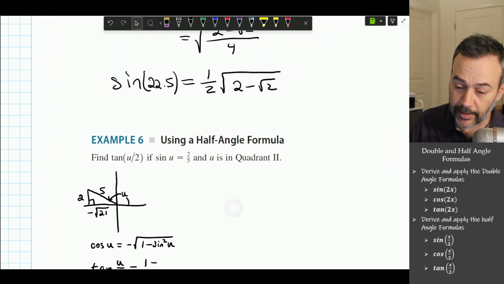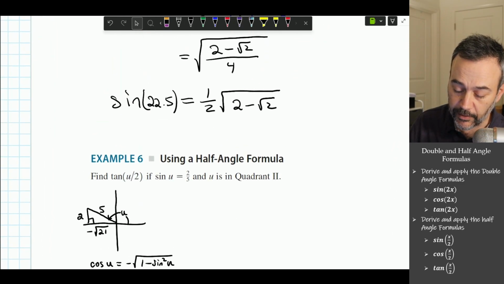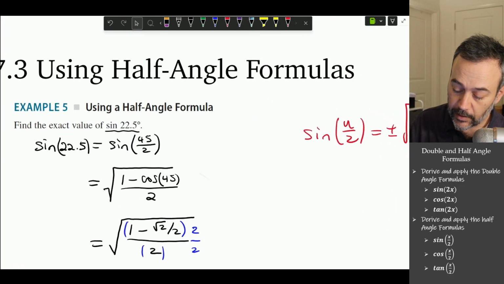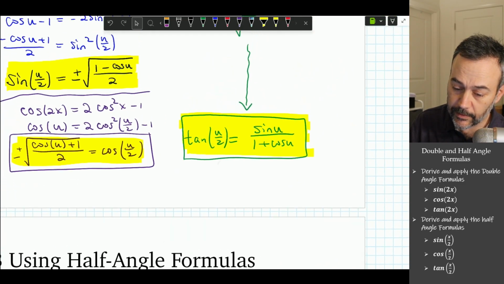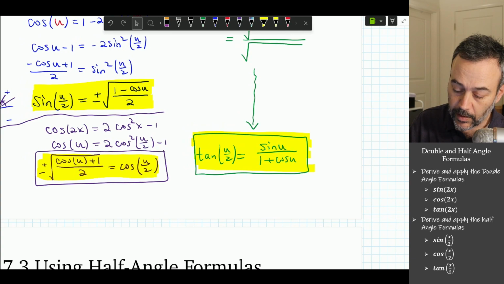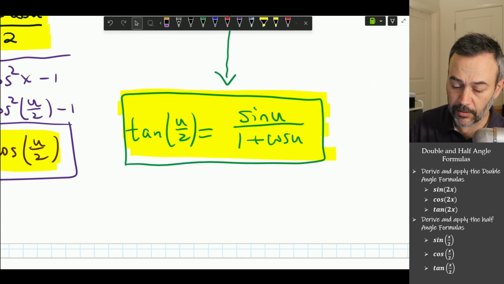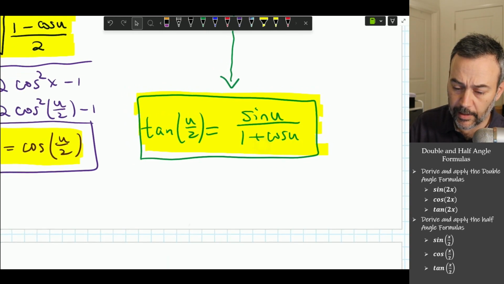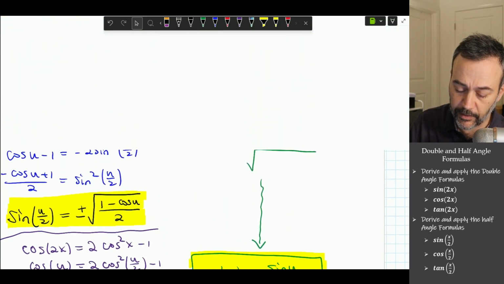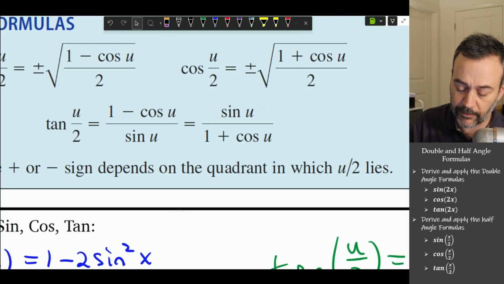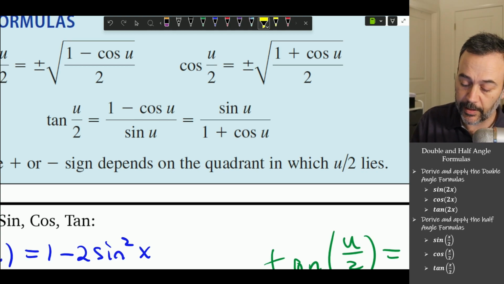Tangent of u over 2 is, one version is sine u over 1 plus cosine u, and another equivalent version, which we didn't prove, is 1 minus cosine u over sine u.